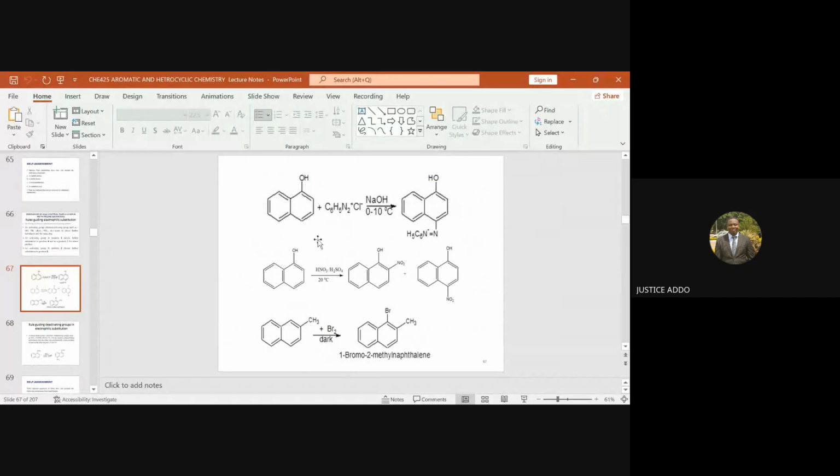So when you have naphthalene with an OH, the OH here is an activating group. So that is on position 1, as you can see.